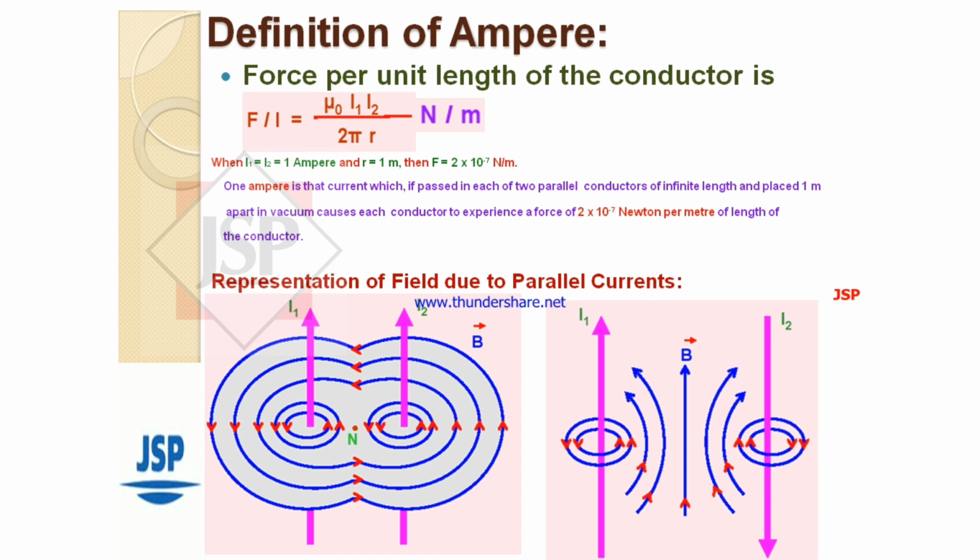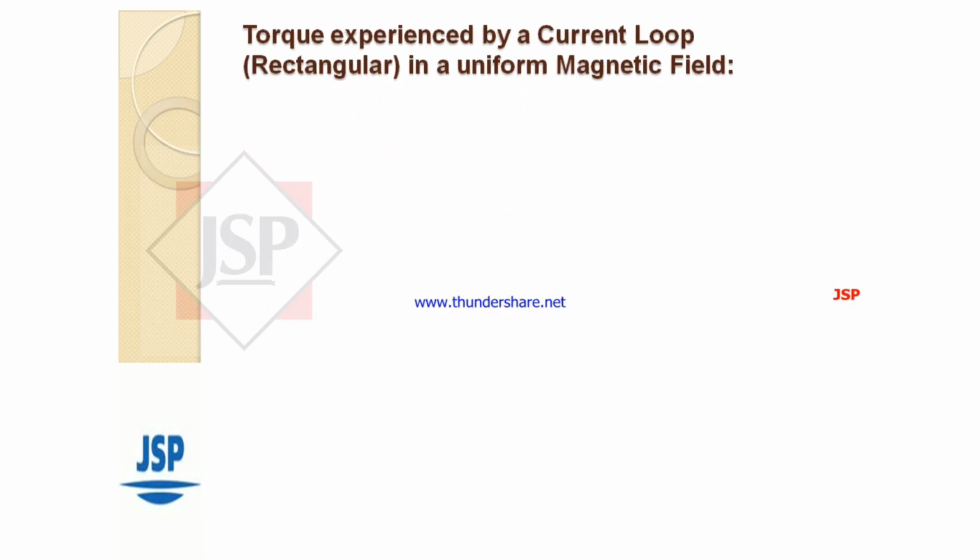Torque experienced by a current loop, that is a rectangular loop, in a uniform magnetic field. Let theta be the angle between the plane of the loop and the direction of the magnetic field. The axis of the coil is perpendicular to the magnetic field.